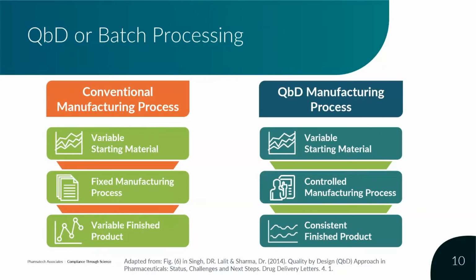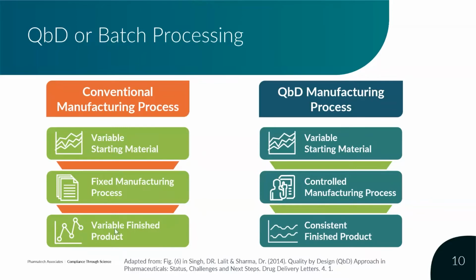Your standard batch manufacturing model uses a fixed manufacturing process, but raw material inputs may be variable. They may be from different manufacturers, different lots, etc. And this is, of course, going to lead in variability in the finished product.